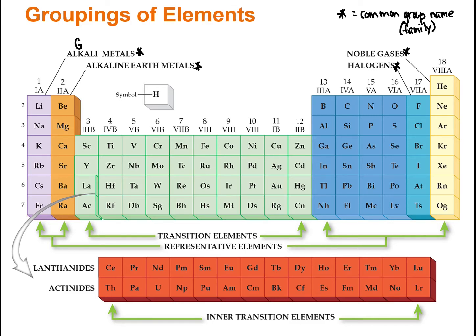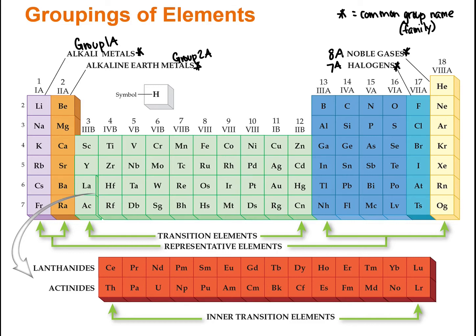So group 1A is the alkali metals. They're pretty highly reactive. Group 2A is the alkaline earth metals. 7A is the halogens. In 8A, you have noble gases.